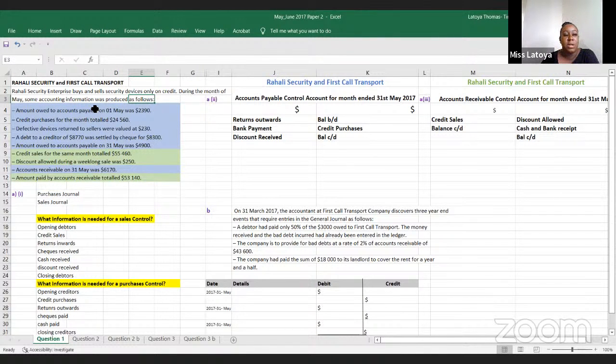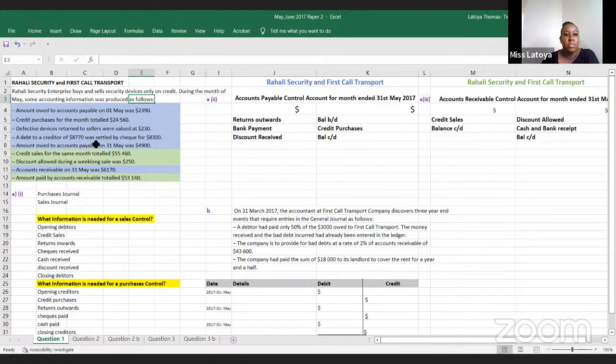The amount owed to accounts payable on the 1st of May was $2,390. Credit purchases for the month totaled $24,560. Defective devices returned to sellers were valued at $230. A debtor creditor of $8,770 was settled by check for $8,300.